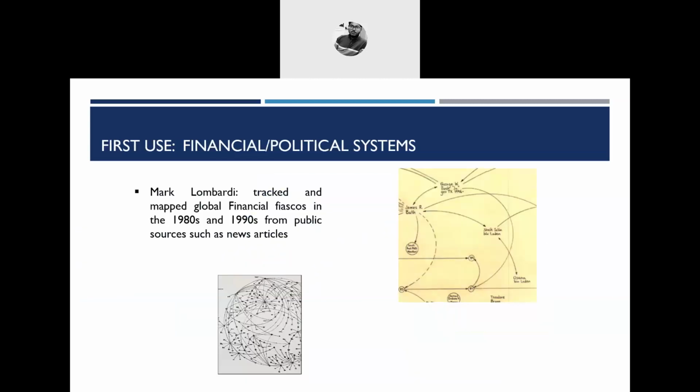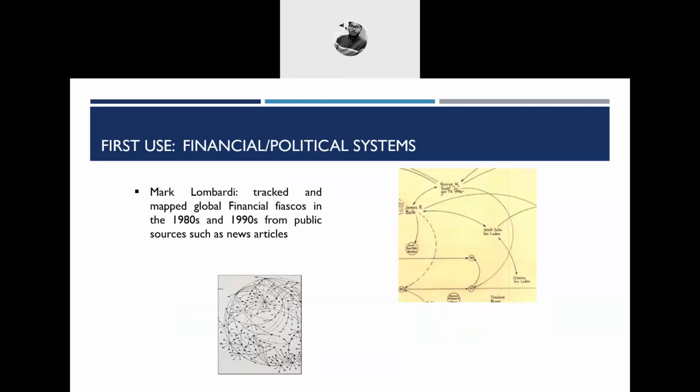Okay, the first use of a complex network was in the 1980s and 1990s. It was during the American Depression. There was a huge economic downfall, so there was an urgency to create a network of companies that had been affected the most, or who were the cause behind such downfalls.